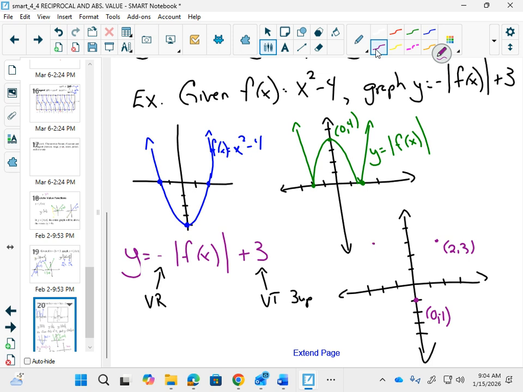I'm also going to get (-2, 3). There's my final graph. And it combines some of our transformations unit with this unit, absolute value graph. So sometimes you're going to get transformations with some of your special functions.